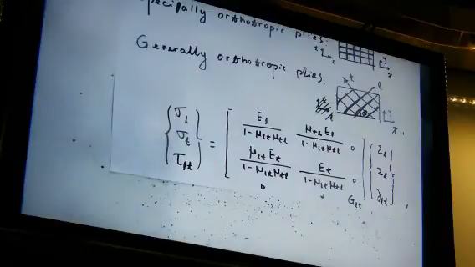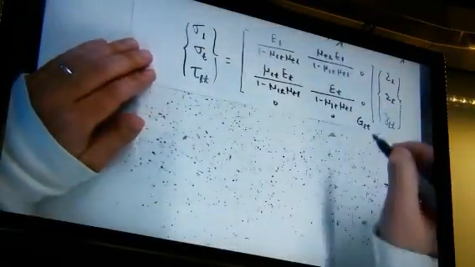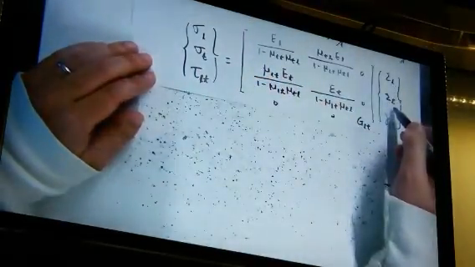This is the most fundamental equation we're going to use. This is the equation to relate the stress and the strain for specially isotropic plies. And then we do some transformation, and we get the stress and strain relation in generally isotropic plies. So this one is most fundamental, the relation between the stress and the strain for the specially isotropic plies: sigma L, sigma T, and tau LT, epsilon L, epsilon T, and gamma LT.